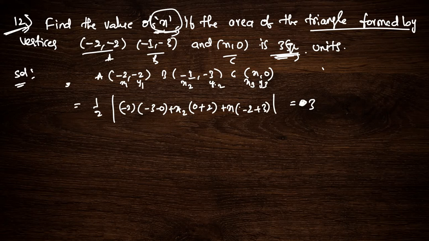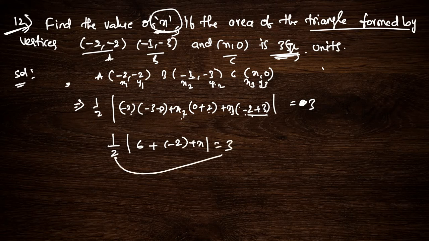So this will come to 3, and 1 by 2 into 6 plus, x2 is minus 1, so minus 1 into 2 minus 2, and plus x3, which is also x here, x into 3 minus 2, which becomes 1, so plus x is equal to 3.